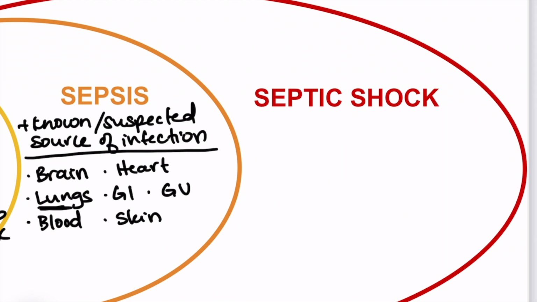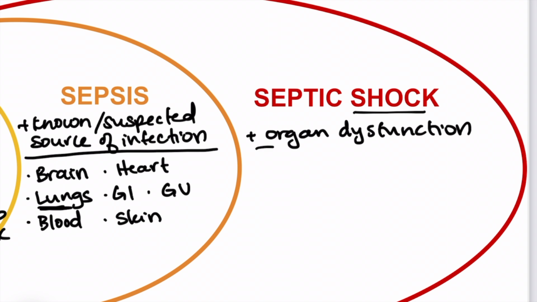The last piece to determine here is whether they have septic shock, which is sepsis plus organ dysfunction. The way that we determine if there's organ dysfunction is to assess for the following several things. It can include a lactate greater than 2, an indicator that there's been tissue injury.